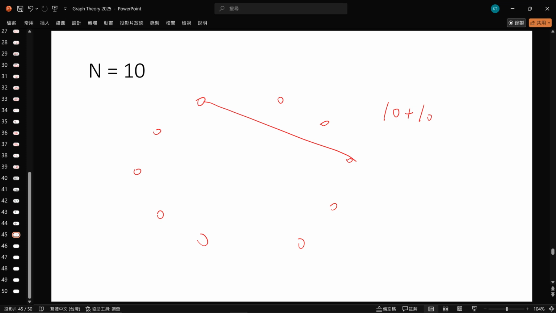So I think your way of creating this triangle-free graph will give us 2n edges, unless you add a 3-hop neighbor or 4-hop neighbor, and then you have more edges. But if you only consider 2-hop neighbors, then this is the number of edges you have.